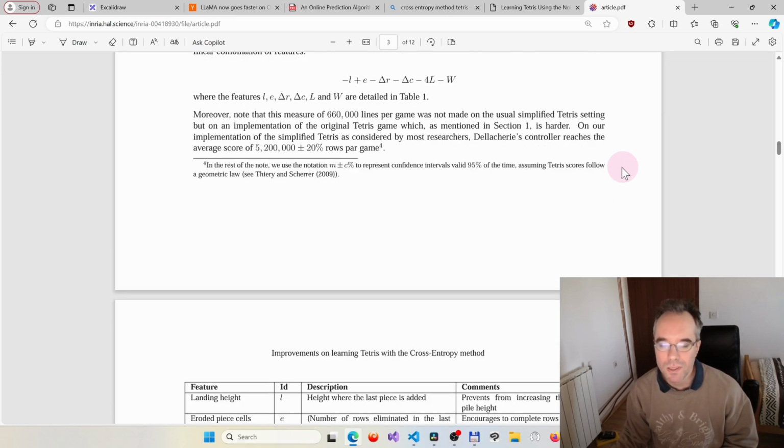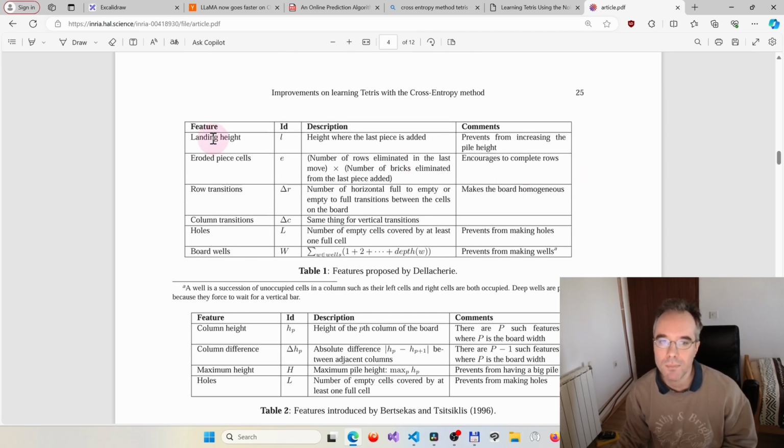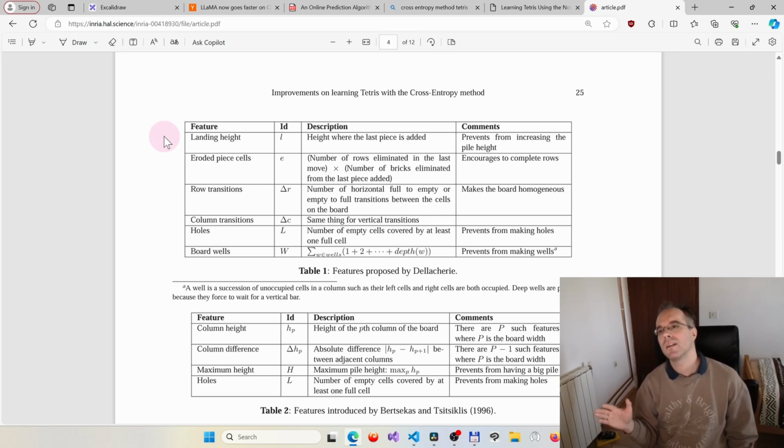Now we won't read all of this, but I want to demonstrate. These are the features that we're using. They probably had a linear vector. I remember reading these papers years ago.